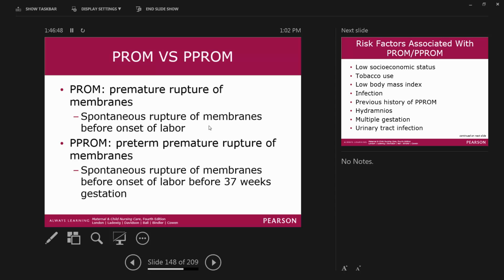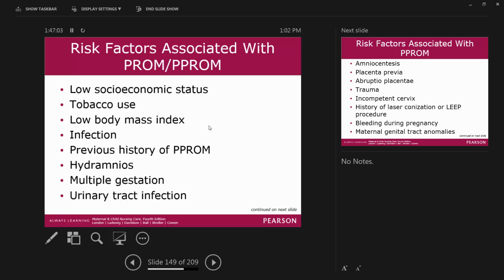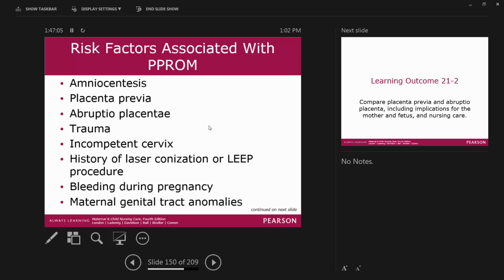But that's a problem because it's too early. Right, labor is contractions and dilation of the cervix. So her water broke, she's not contracting, she's not dilating. All right, here are your risk factors. Here are the things that can happen.